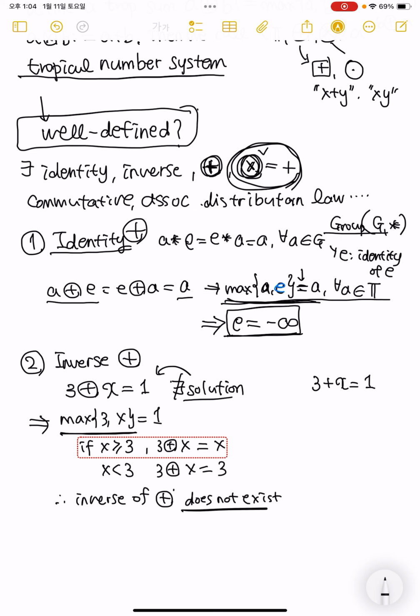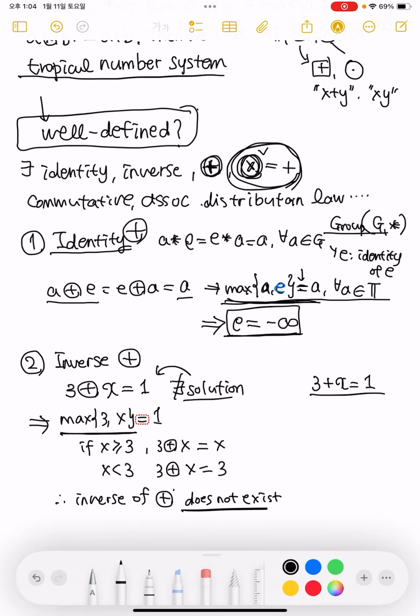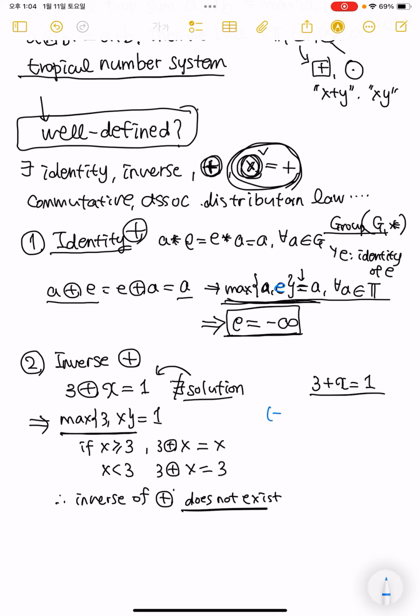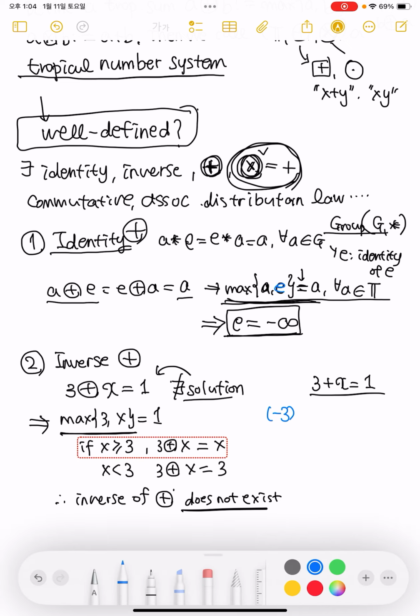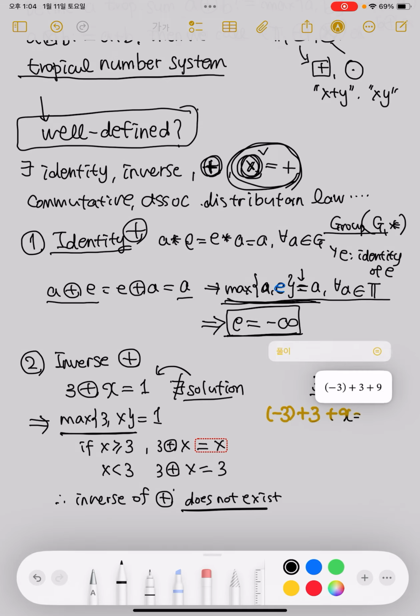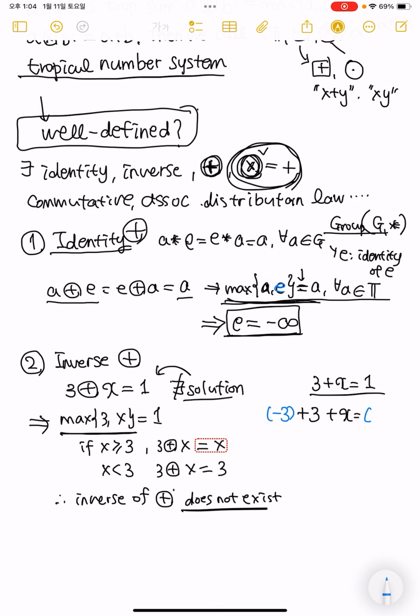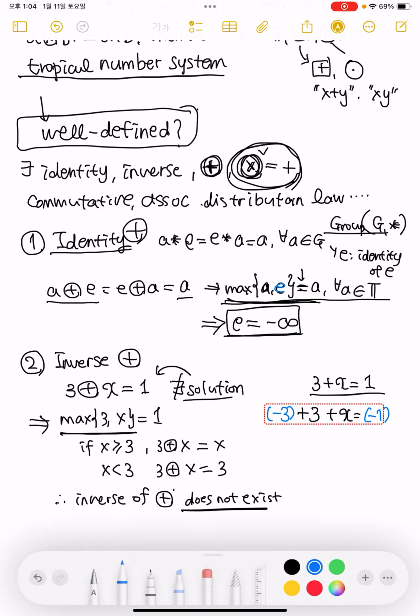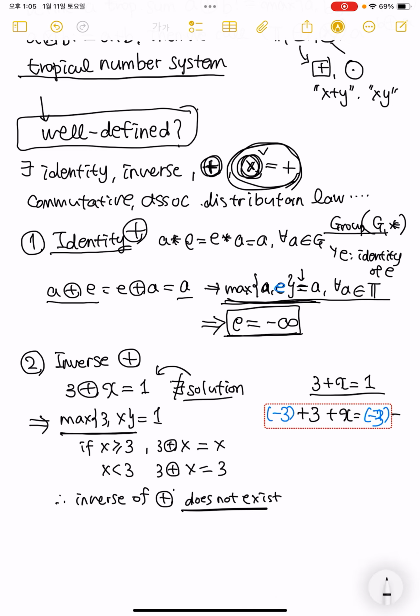If we solve a linear equation, the reason we can obtain the solution is that we can add an inverse element, due to the existence of the inverse element.